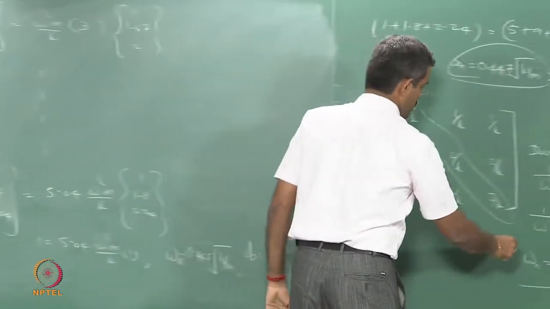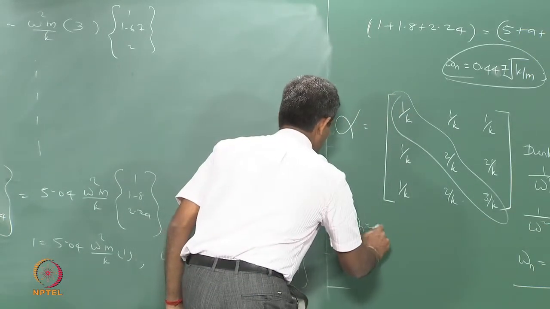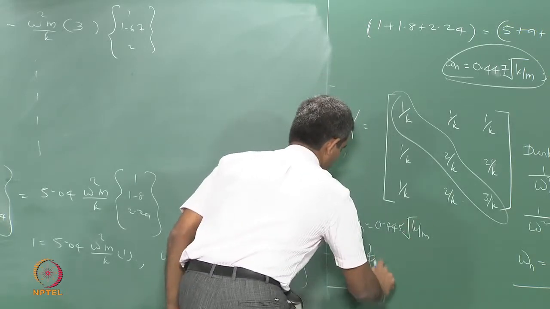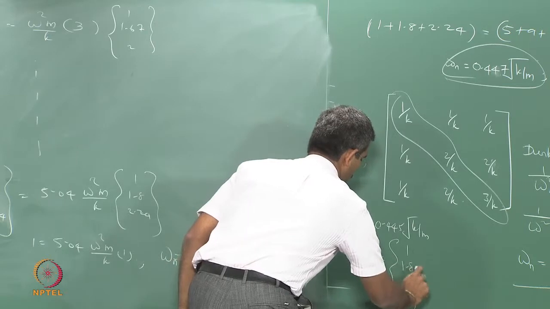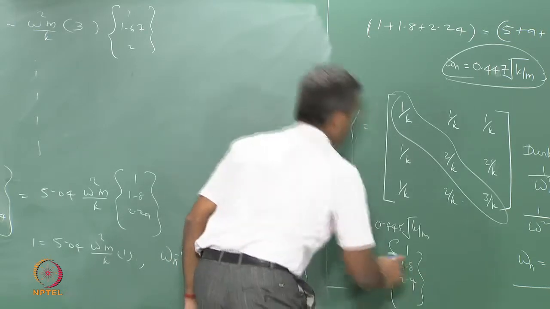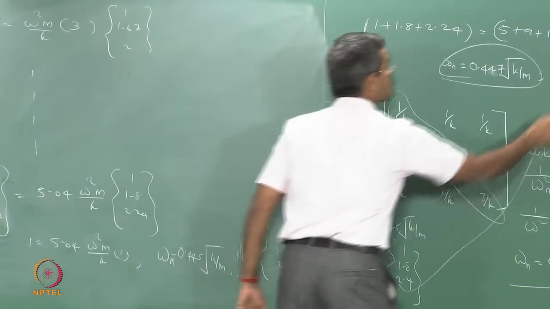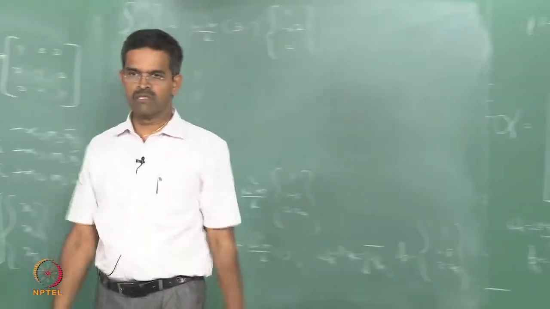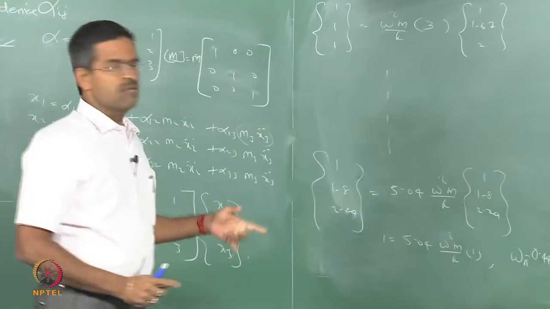So, this is Dunkerley, and omega n is 0.445 square root of k by m, and phi 1 is 1, 1.8, 2.24, exactly the same as that of Stodola's law. So, there is a complete convergence and matching between the three methods.